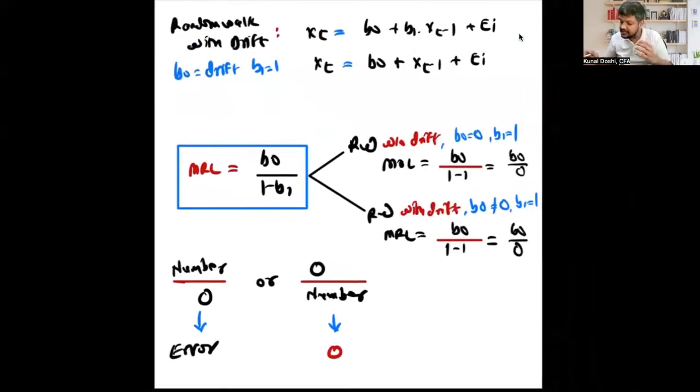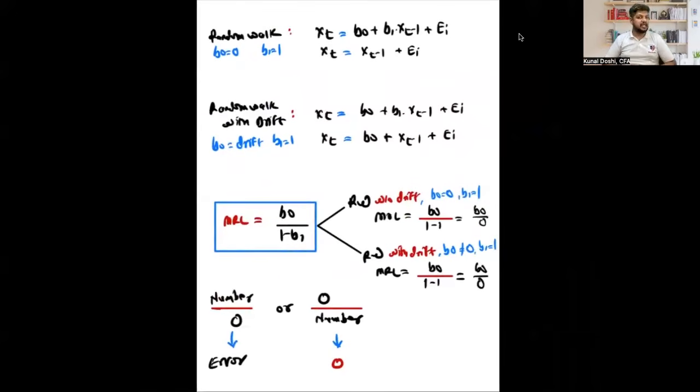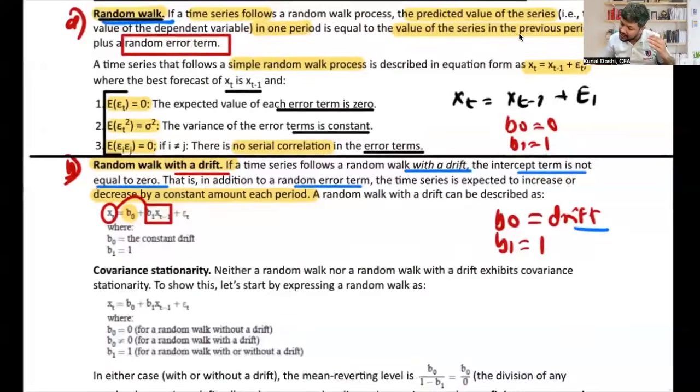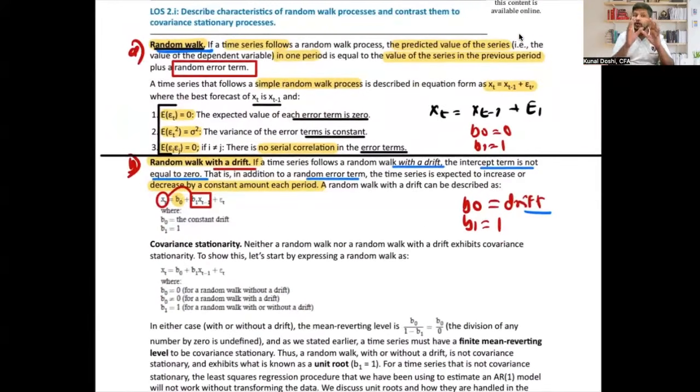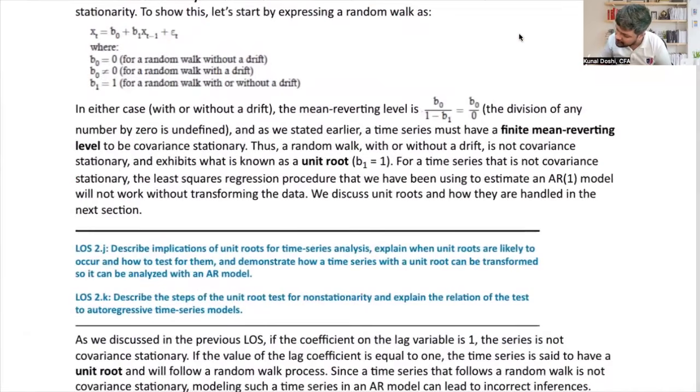Now, why are we discussing this? Because of one very important property of covariance stationarity and the mean reverting level: the mean reverting level should be finite. The problem is, whether you do random walk or random walk with drift, the mean reverting level is B0 over 1 minus B1, and under both, B1 is equal to 1, and that creates a problem.